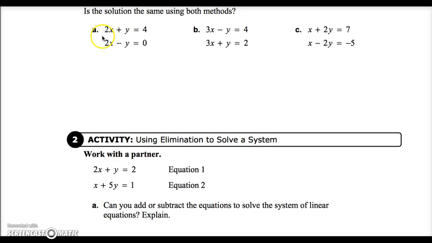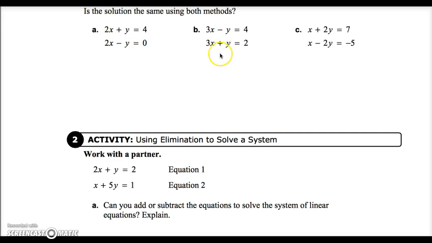For them to be opposites, one would need to be positive, one would need to be negative. So we look at the y's. Here I have a plus y, and below it I have a minus y. Those are opposites. One's positive, one's negative, and they both have that invisible 1 in front of them. So that is what we are looking for.